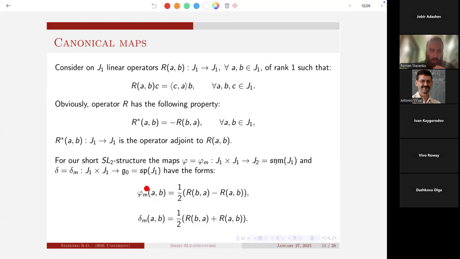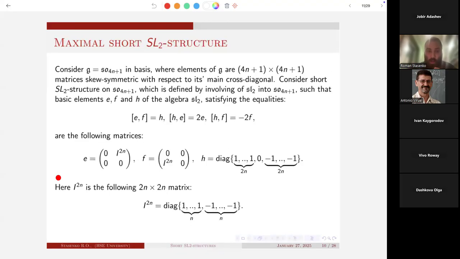In the case of maximal SL2 structure, we are interested in such bilinear maps phi and delta, which were in our commuting formulas we saw before.